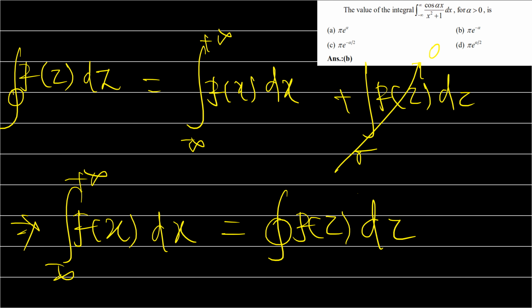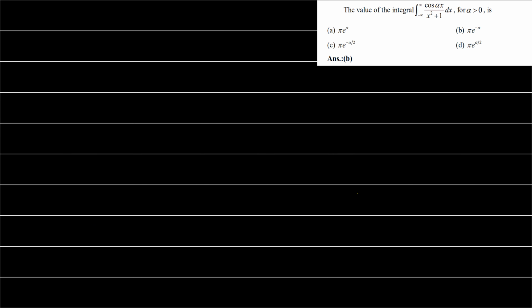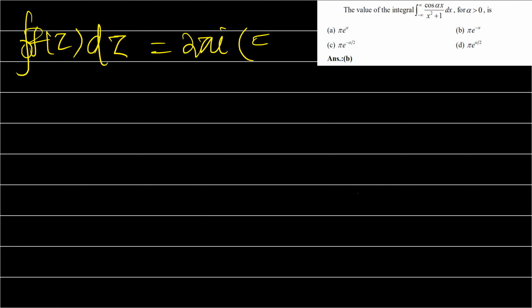Now we have certain conditions to use this formula. There are two formulas for this kind of real integration. We all have the basic formula: the integral of f of z dz equals 2 pi I into the summation of residues.